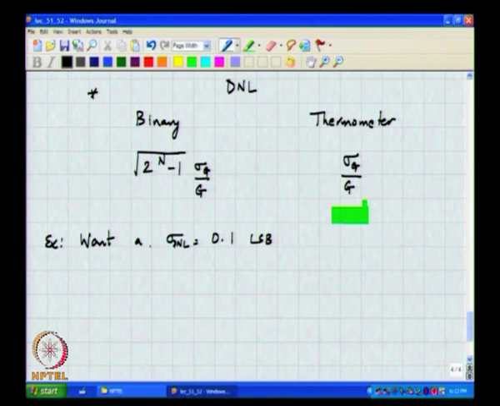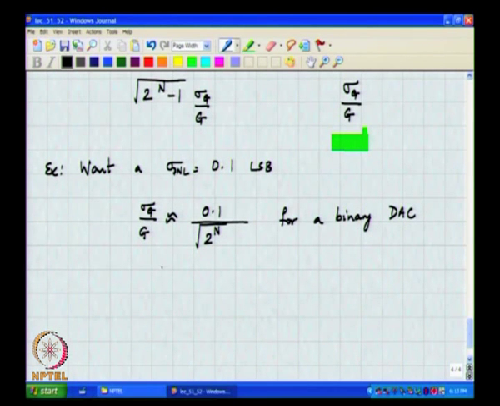If this is what you want as a designer, it means that you must go and choose sigma g by g to be equal to 0.1 by square root of 2 to the n minus 1, which is roughly square root of 2 to the n, right, for a binary DAC, and should be equal to 0.1 for a thermometer decoded. Correct.